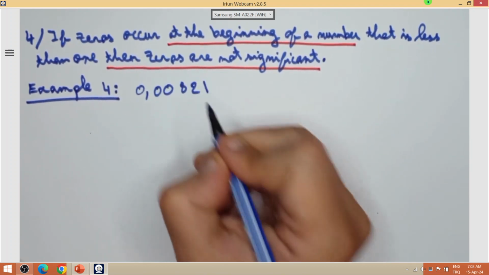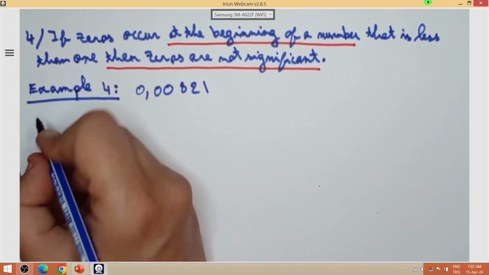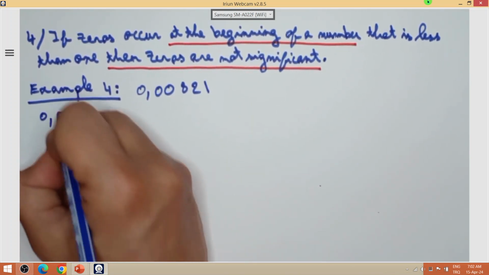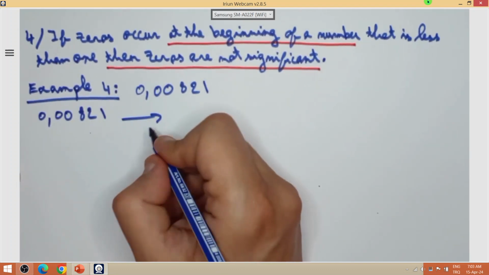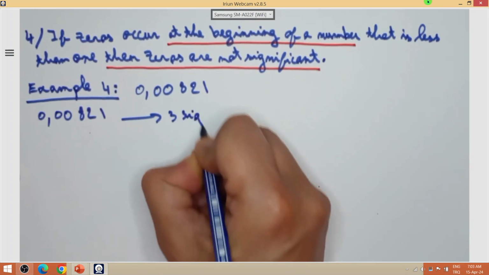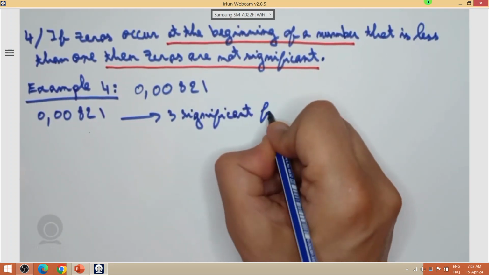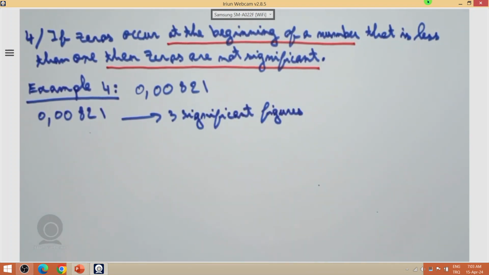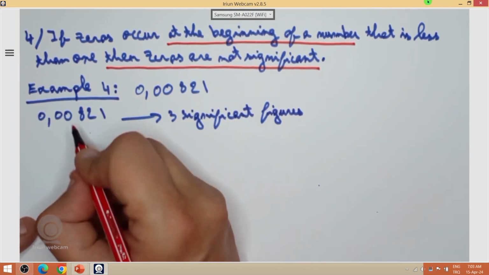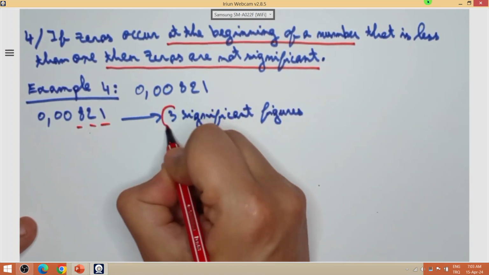So this number, 0.00821, has 3 significant figures. Why does it have 3 significant figures? Because if we go here, we can find 1, 2, 3, which means it has 3 significant numbers.